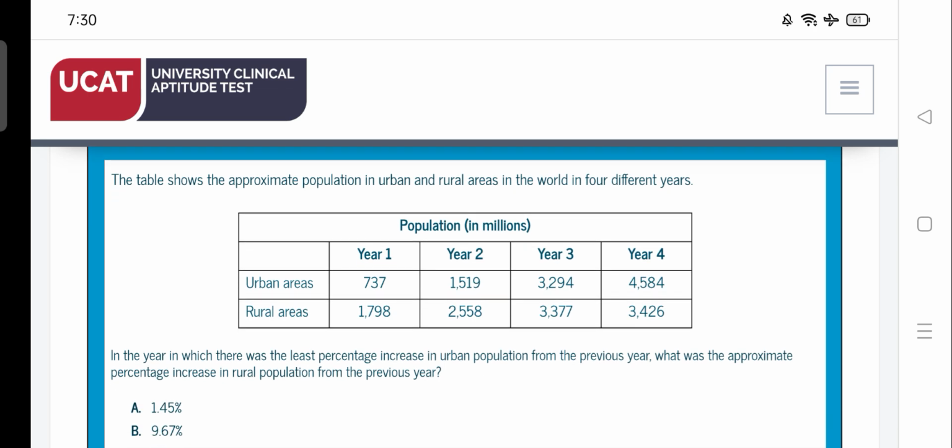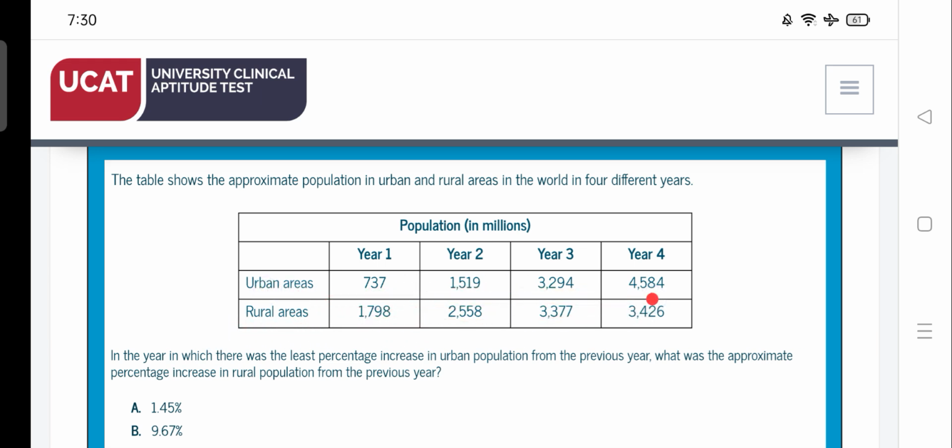Next, we have: the table shows the approximate population in the urban and rural areas of the world in 4 different years. So here we have population data for urban areas in 4 different years, and for rural areas in 4 years.